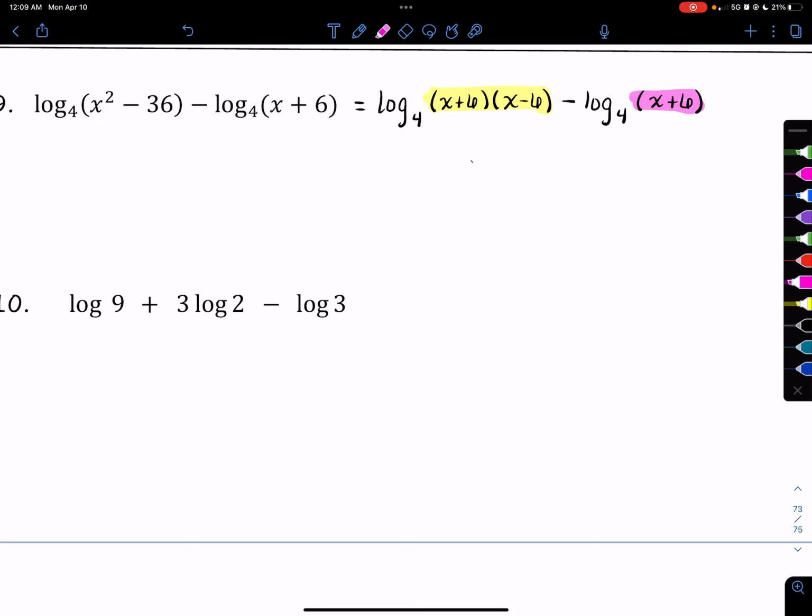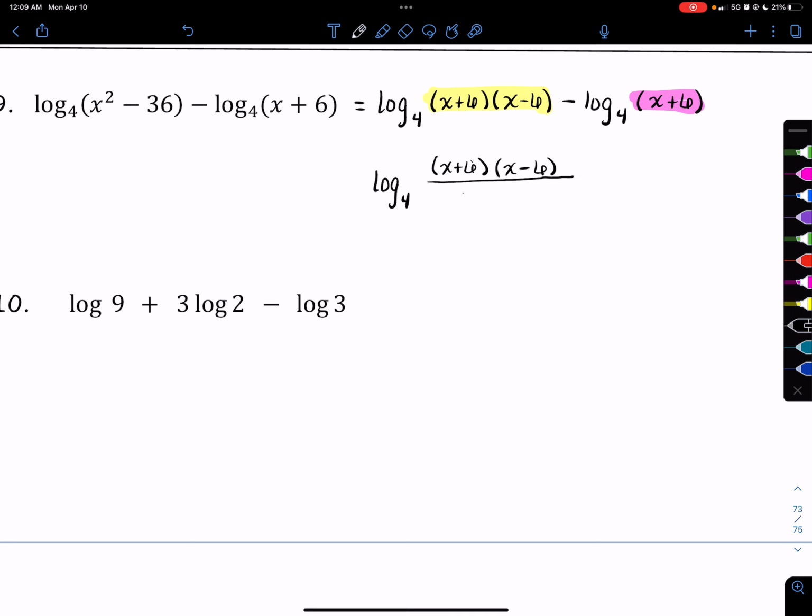because it's got a negative in front of the log term. All right, so when I write this in condensed form, I know that log base 4 is what I'm looking for. In the numerator, I will have x plus 6 and x minus 6, which are the factors of x squared minus 36.